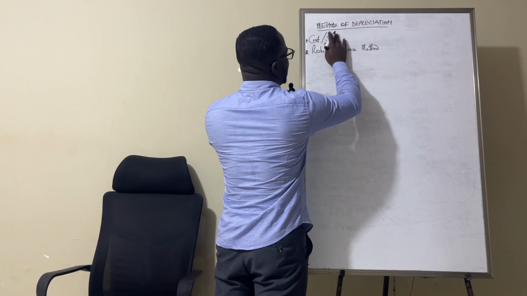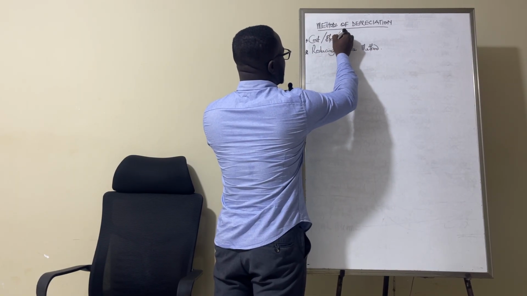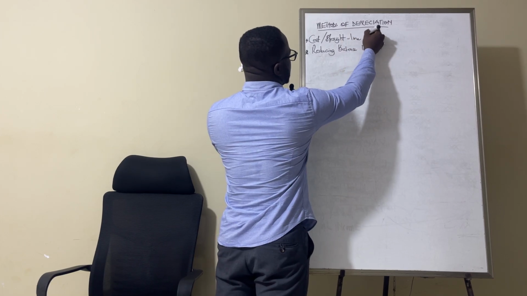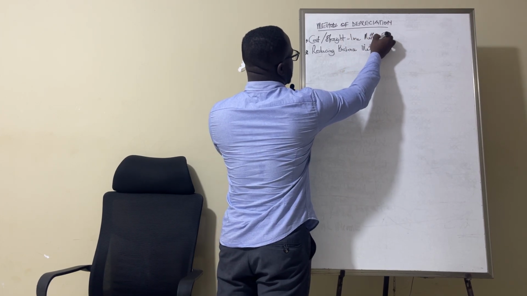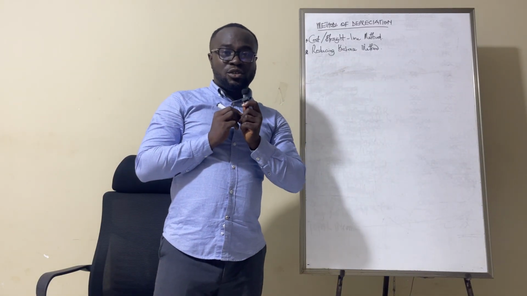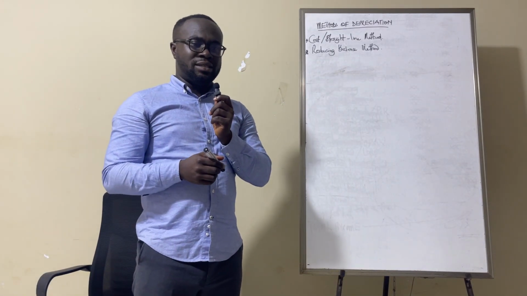This is straight line. The first one is straight line method. Good. So these are the two basic methods of depreciating a non-current asset.